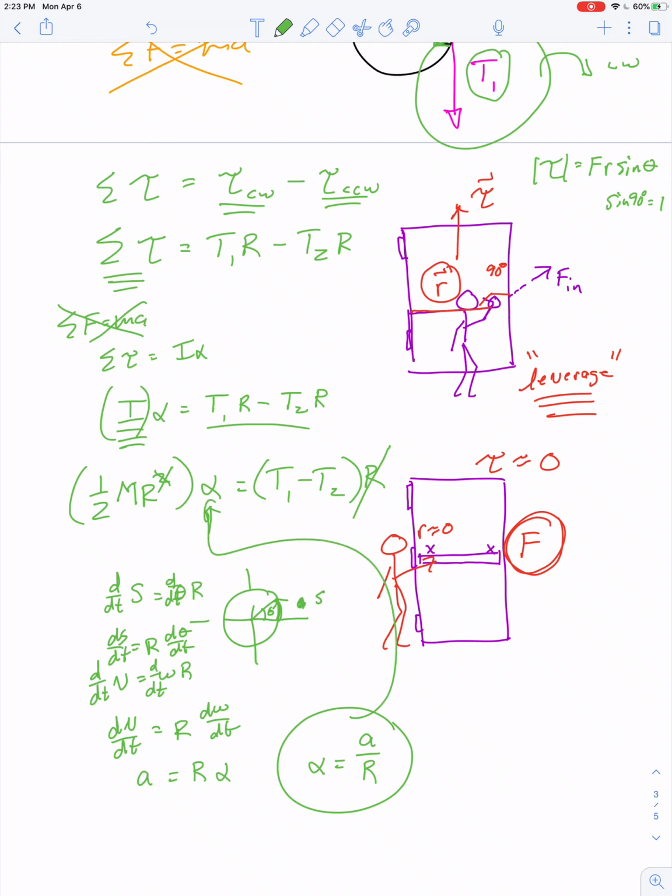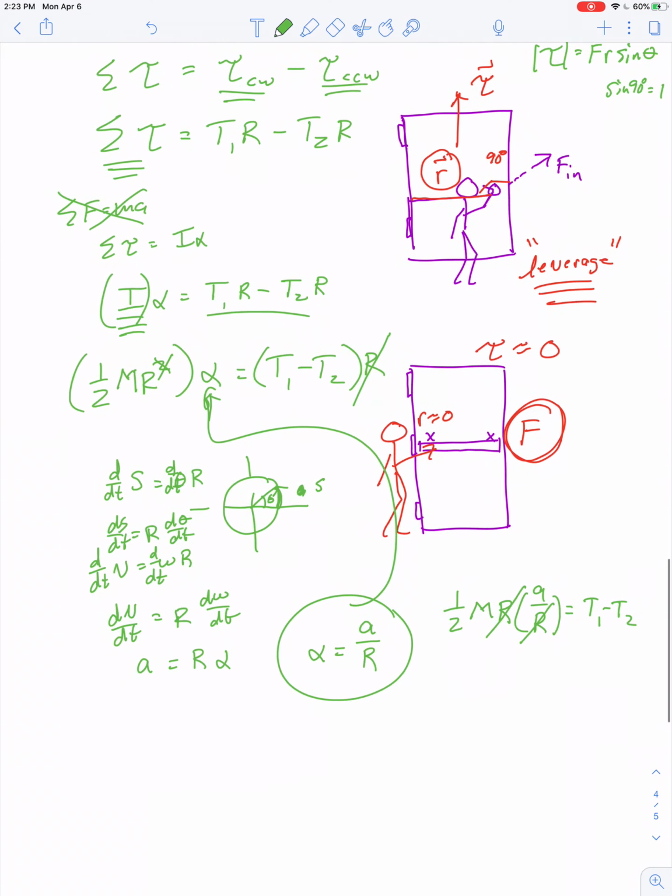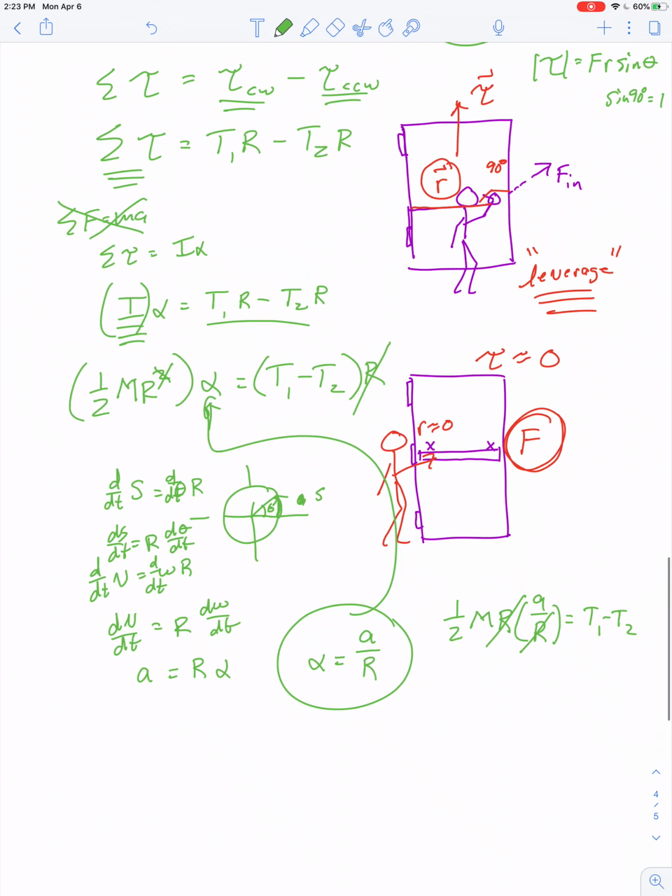So I'm finally left with 1/2 capital M times r multiplied by a over r is equal to T1 minus T2. And now the r's have completely canceled out. So let's summarize all of the equations we have. 1/2 times capital M times A is equal to T1 minus T2.